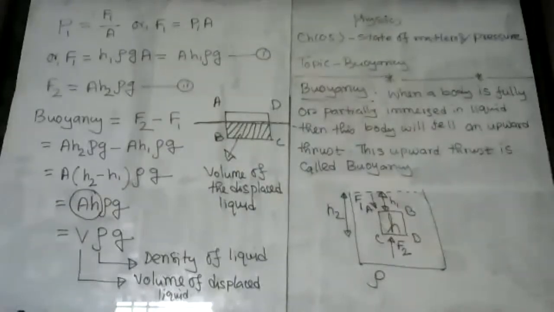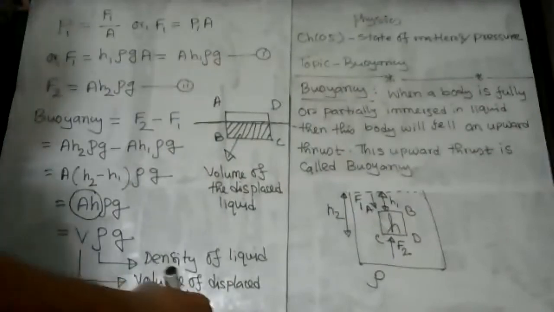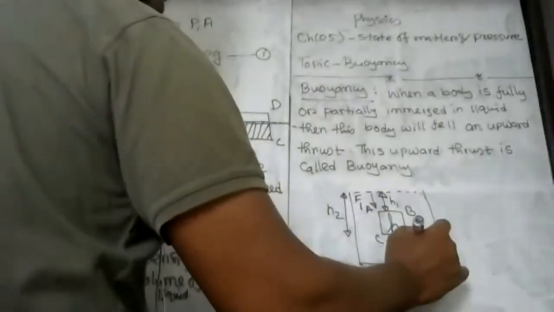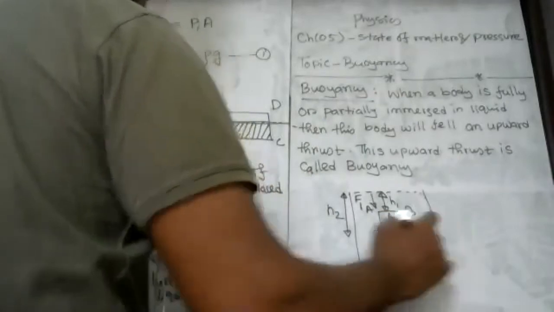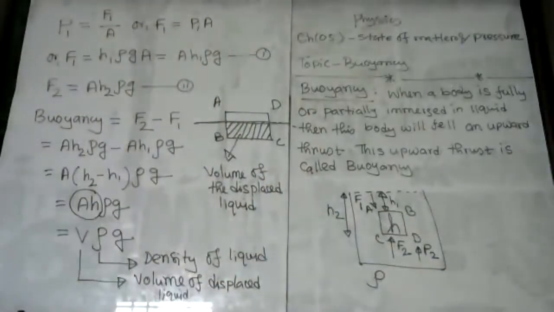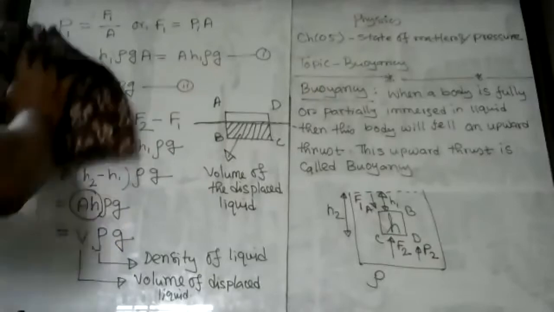Okay, very good. You see that here F2 comes from the pressure P2. The bottom surface can apply the upward pressure P2. So let's see how we can find the upward pressure P2.